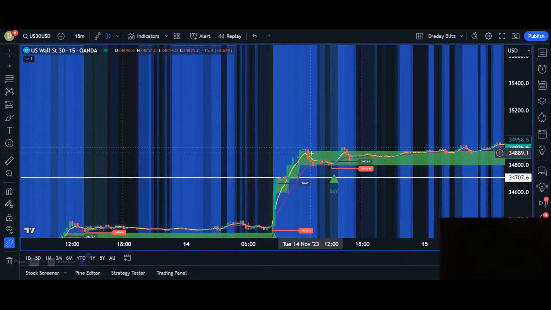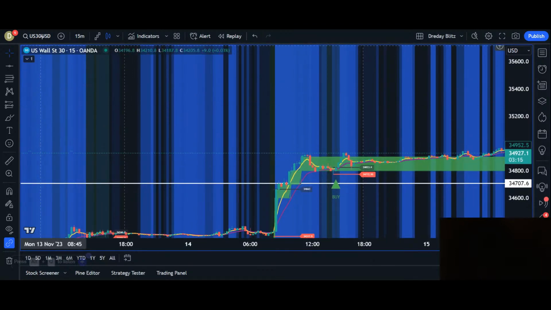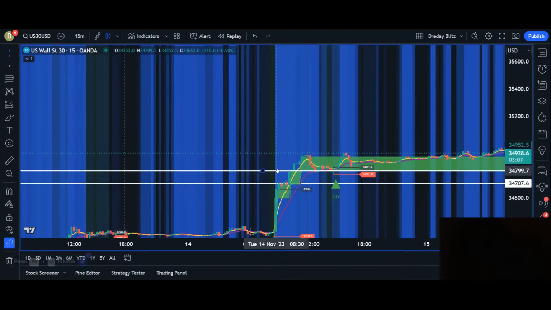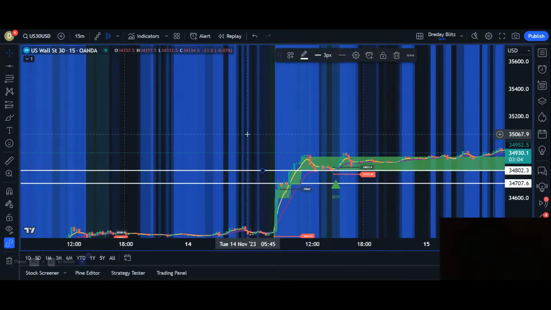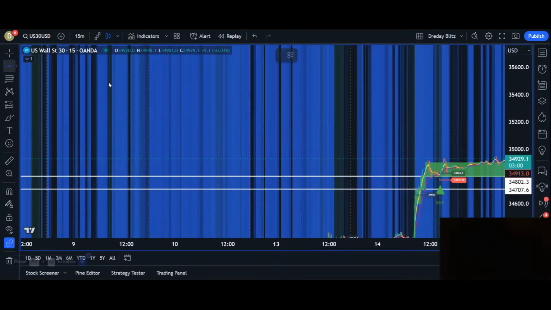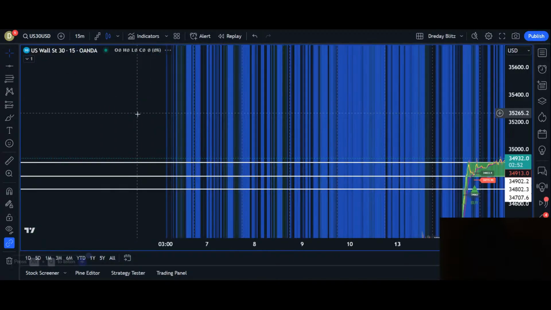You make sure that you put on other zones here on top. And this is basically something that you need to do before the session. Me, I remove it every morning because I'm showing you guys exactly how it works. But usually I leave my zones where they are right now.